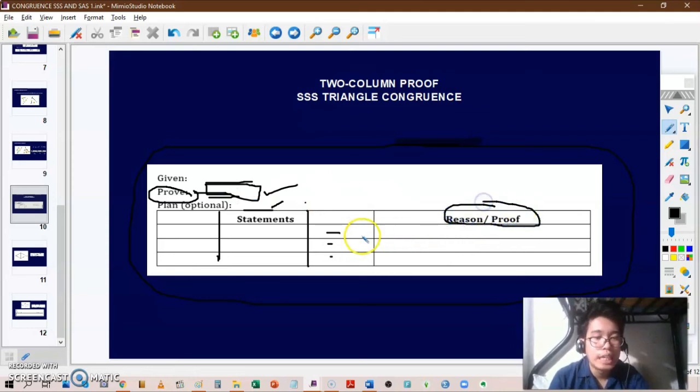These are the postulates and theorems that back up your statements. It's like you're having a debate, and you have these statements that you've created yourself, and you have your reasons or proofs based on your related literature or the studies that you have reviewed. So this is the basic format.